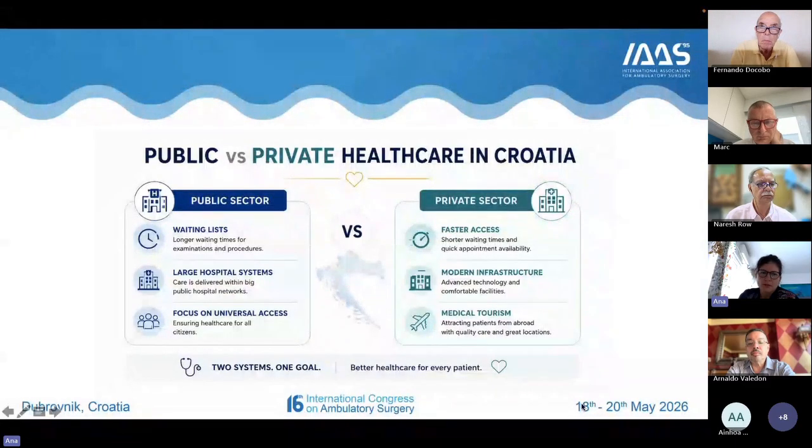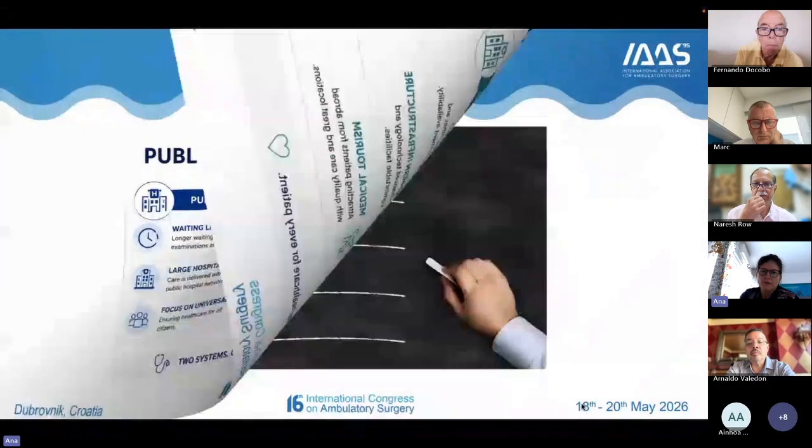Also, public sector focuses on universal access, while private sector sometimes tends to attract patients from abroad and deliver medical tourism. But both of the systems have the same goal, to get better healthcare for every patient.